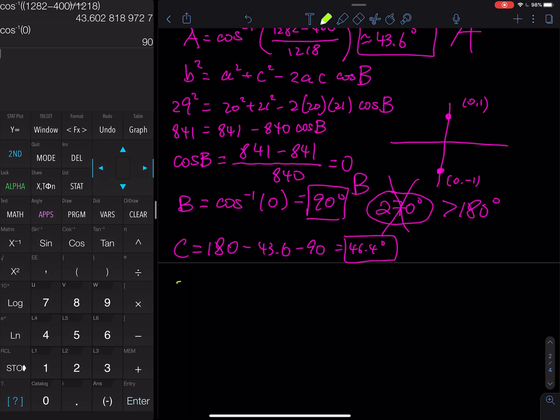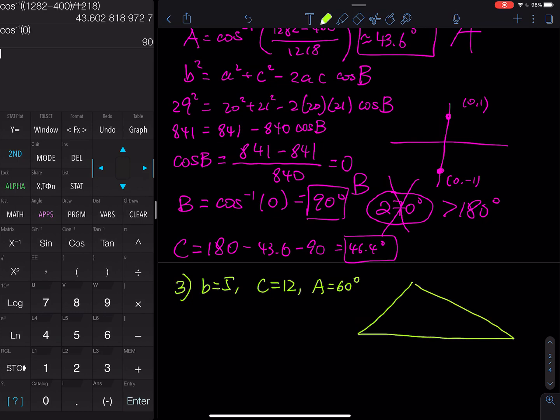Number 3. We have b equals 5, and then c equals 12, and then big A is equal to 60 degrees. All right. You have B, you have A, you have C, right? So A is equal to 60, and then on the opposite side, you have small a, but we don't know what small a is.